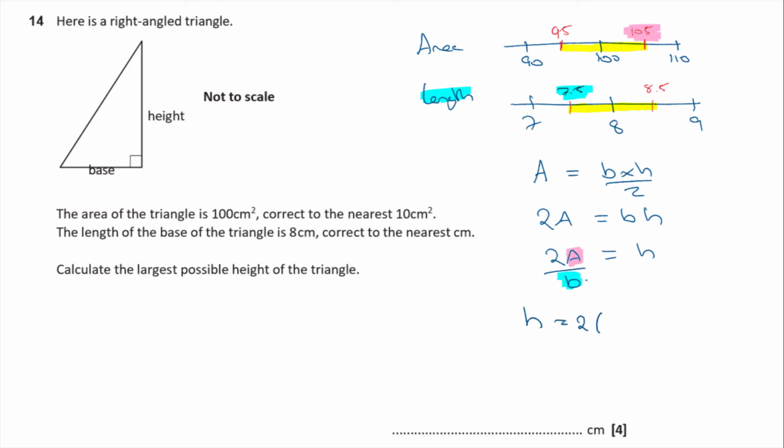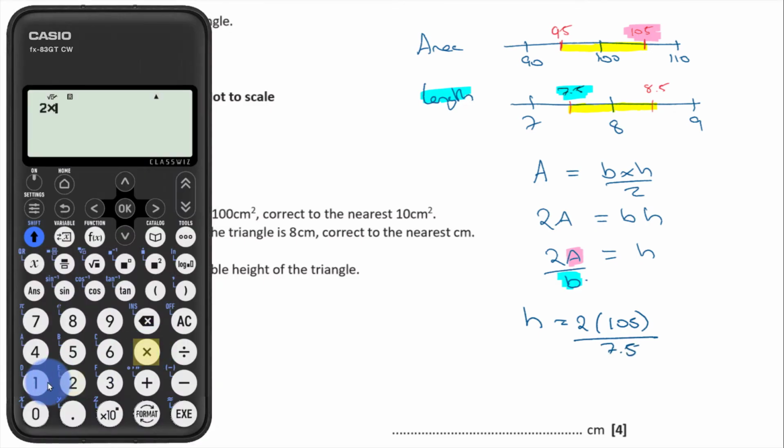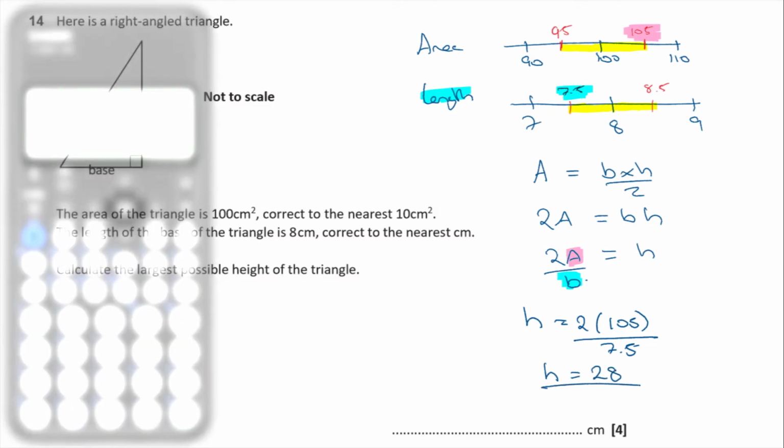So that's 2 lots of 105 divided by b, which is 7.5. Then what's that? Typing that into the calculator, 2 times 105 divided by 7.5, and that comes out to be 28. So h equals 28 is the solution.